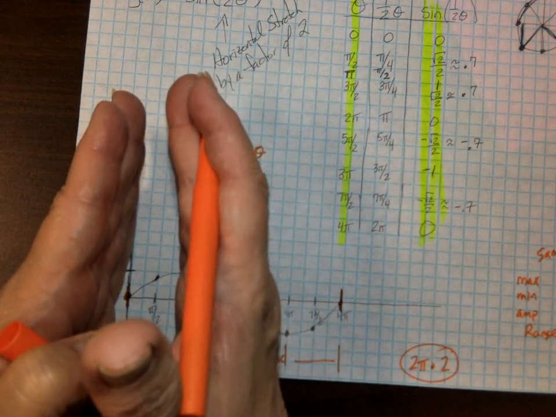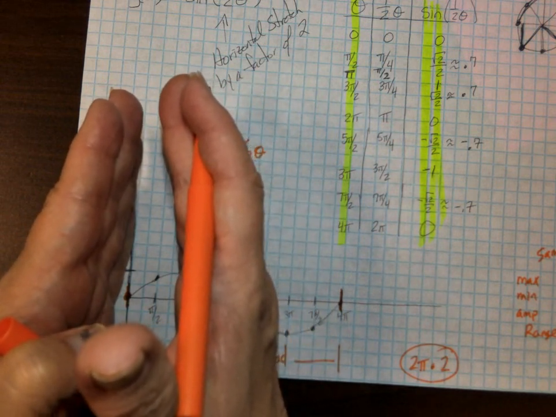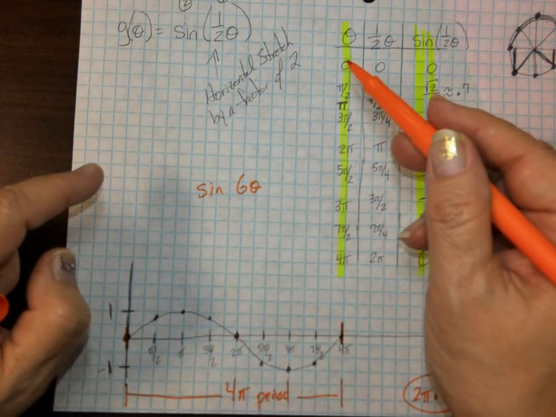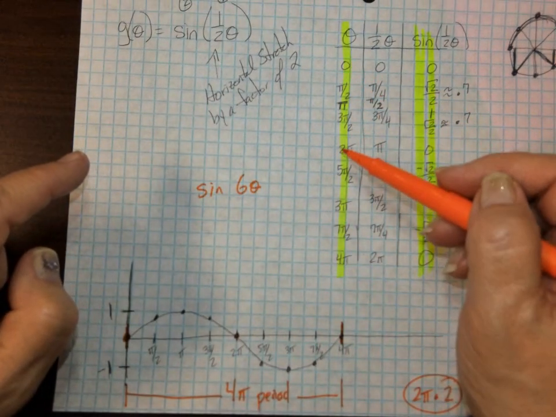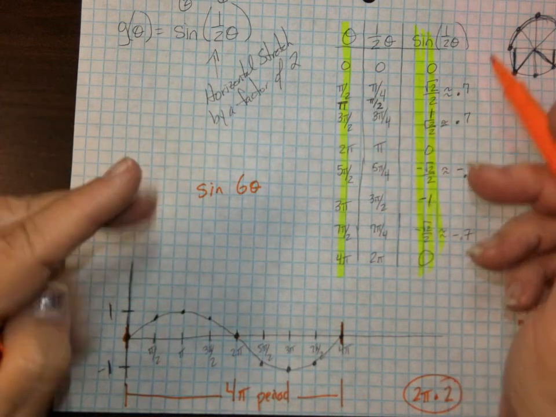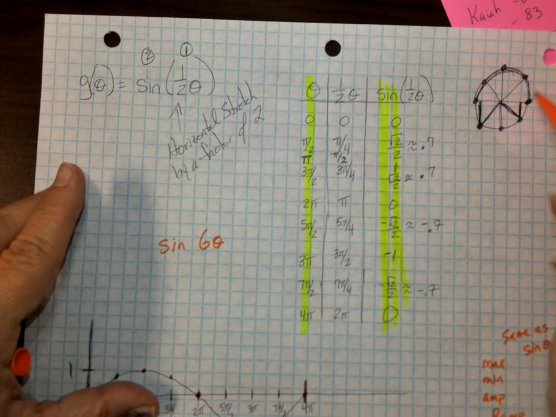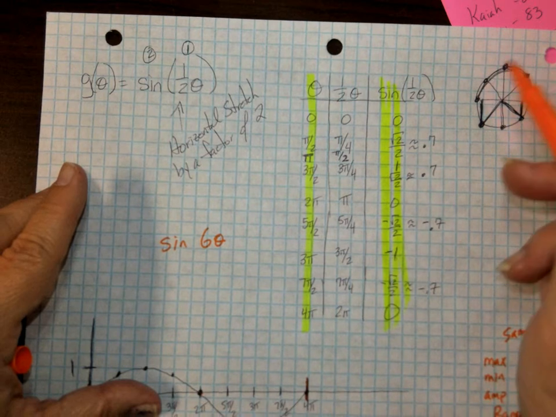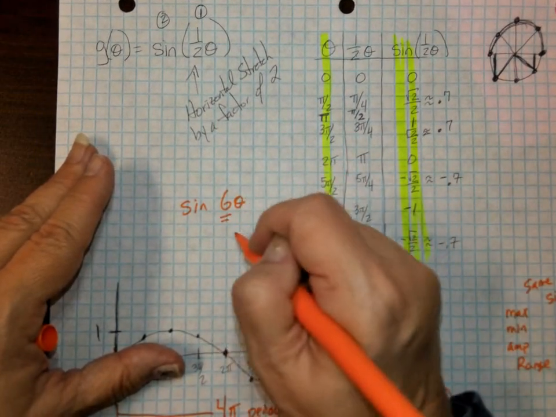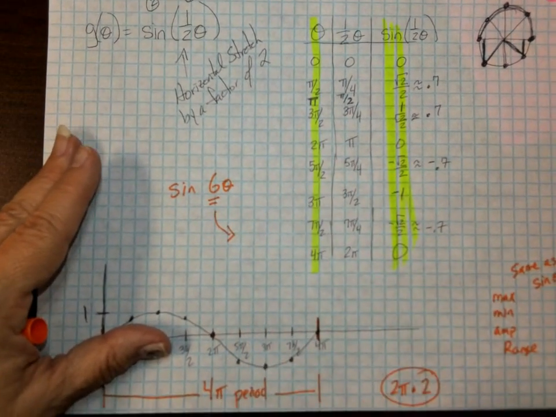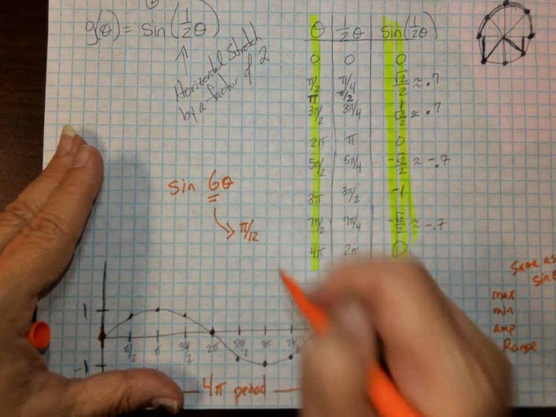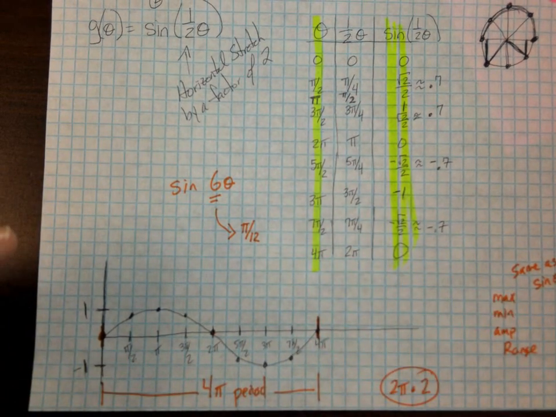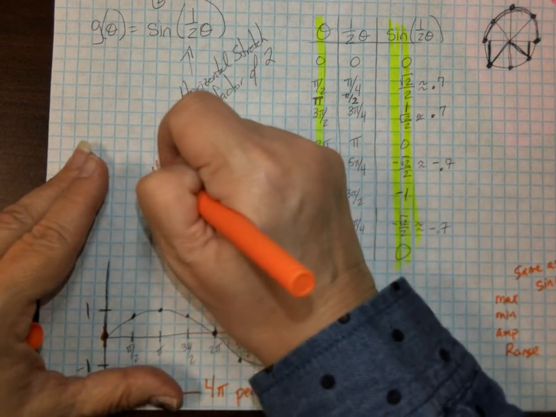So you know what that's going to mean? You're going to have to put smaller numbers in here for theta. Because you're going to have to think ahead, because you've got to get a whole cycle through. So hint, when you get to one that's 6, think about doing pi over 12 as your marker. It's a hint for you.